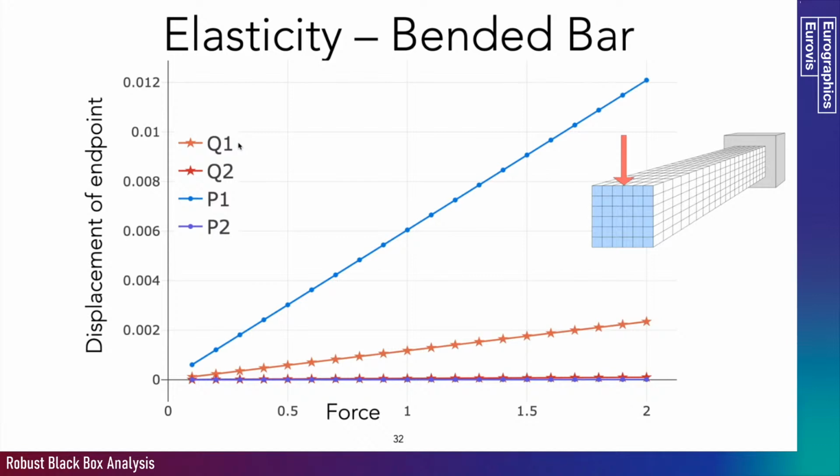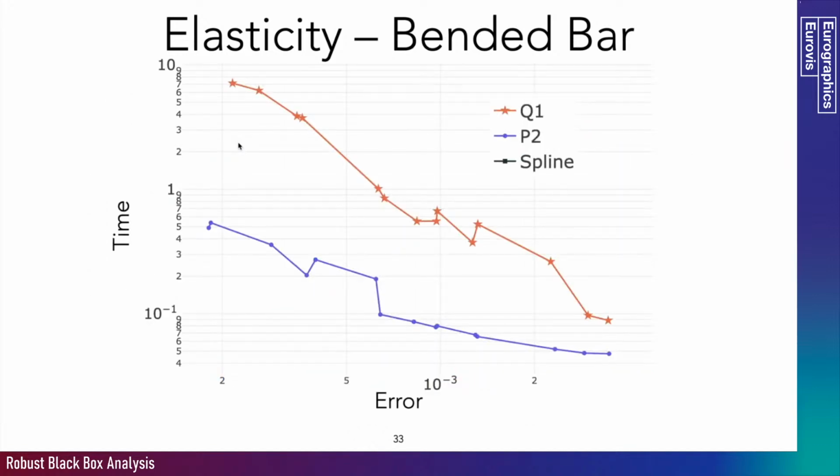So maybe there is an improvement. What we can try to see is to compare the time versus error, which is what we really care about in the end. And here we see that the quadratic tetrahedra are better in time versus error. In fact, what you want is to be on the bottom of this plot. The linear hexahedra are still okay, but not so good.